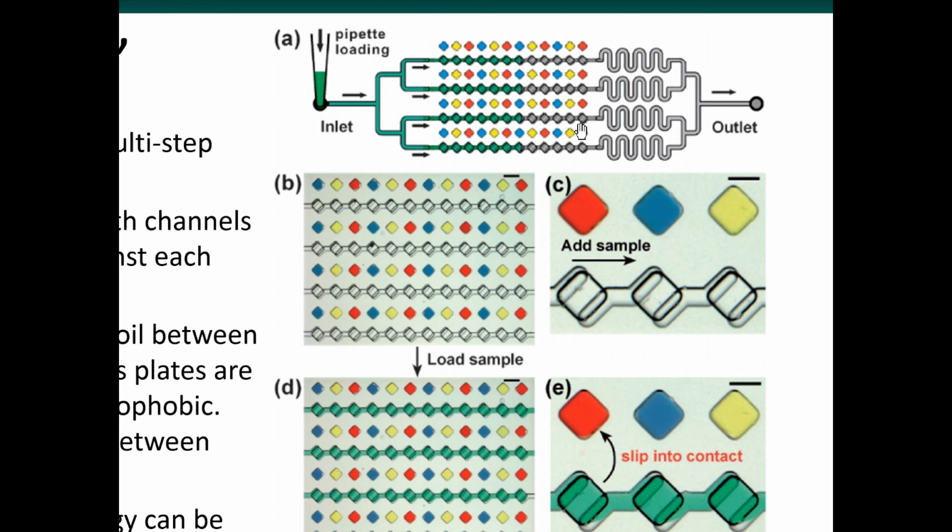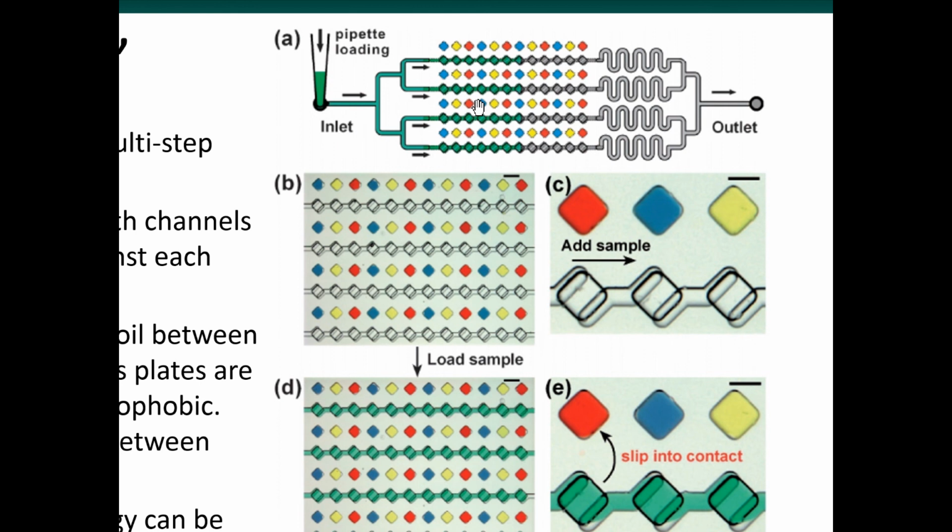In previous steps, they had filled in all these other wells, showing the blue, yellow, and red. Those were filled in when the channels were vertical. If you want to fill in all the blue ones, you put in a vertical channel like this. You fill in all the yellow and red ones in a similar manner.